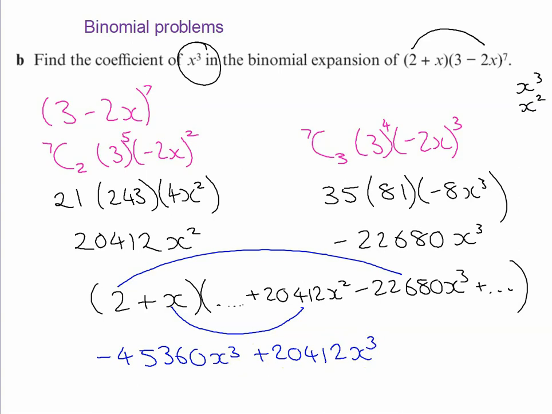So just type that in. So the answer is minus 24,948 x cubed. Okay, so it's a big number, but when the expansion is so high, the numbers get pretty big pretty quickly. Okay, let's have a look at another one.